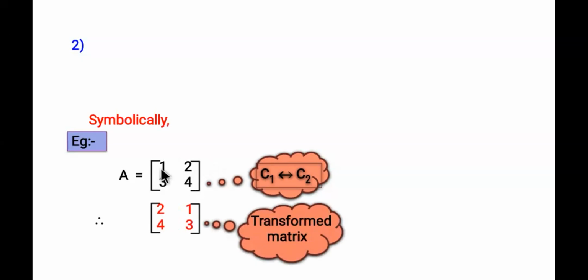Okay, so symbolically you can say Ci interchanges Cj, as you have done it for rows. Similarly it is for columns. Okay, so you can also write this as Cij. So here, this is your second elementary transformation, that is interchange of any two columns.